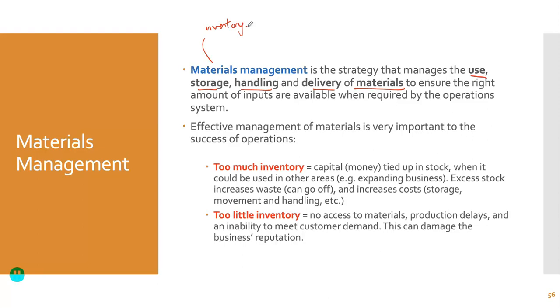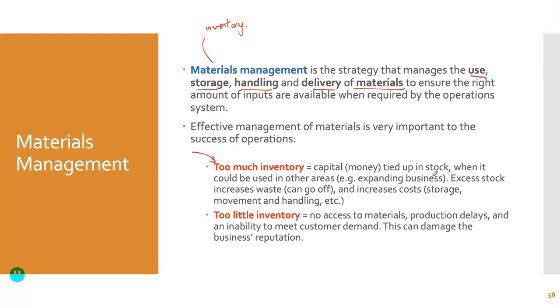You might intuitively go, well, the obvious strategy is to make sure we always have enough of these materials, so we should store them for when we need them. However, there is a big issue if we have too much inventory. That means too much money or capital is going to be tied up in looking after this inventory, these materials, when it could be used for other areas, like expanding the business.